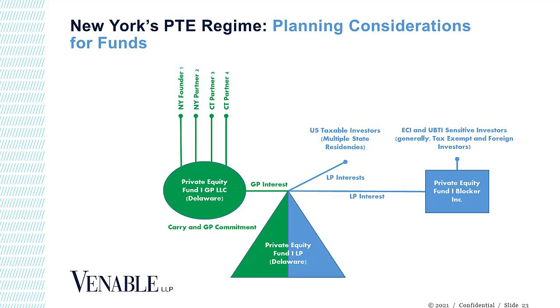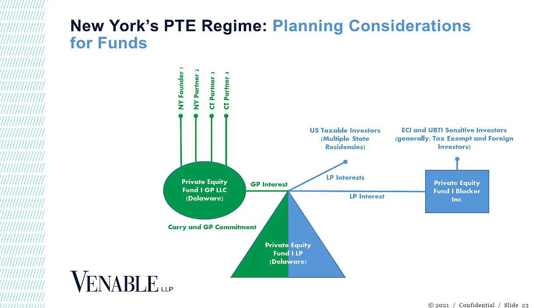Your GP side of the equation, these are your principals, come in through oftentimes their own LLC, which holds the GP interest in the fund and is often entitled to a carried interest, a percentage of profits after return of capital, after some sort of rate of return.